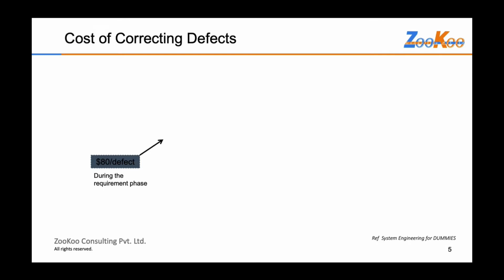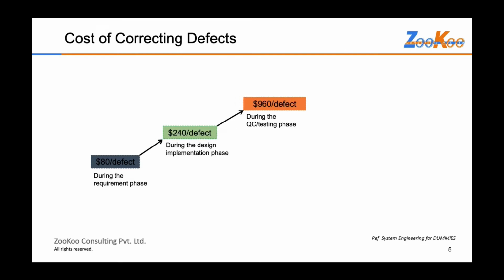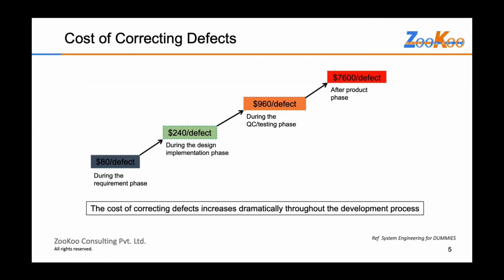As a defect goes from one phase to the other, the cost starts increasing. Here, fixing the rework needed only $80, and this can be $7,600 per defect after SOP. So to avoid this, what we require is to recognize that the cost of correcting a defect increases dramatically throughout the development process.